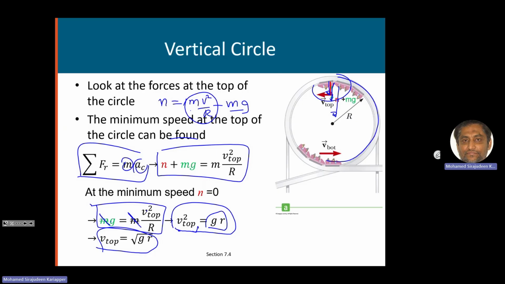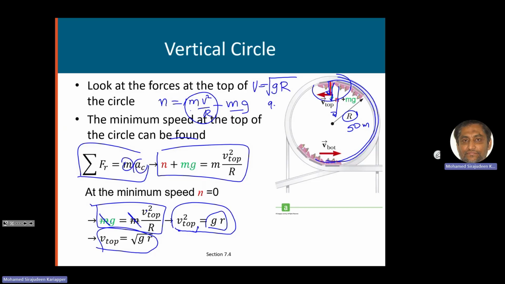So now this is another application. As an engineer, suppose you want to design a roller coaster ride like this with a certain radius, let's say 50 meters or something. Then you have to make sure that when the roller coaster is coming here, the speed must be at least this value, the square root of g times r.